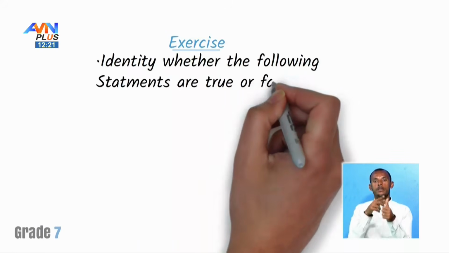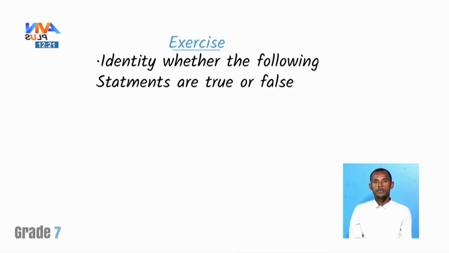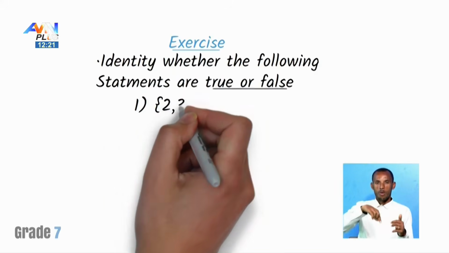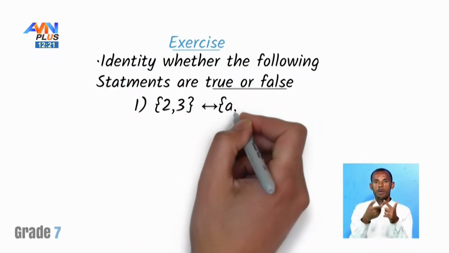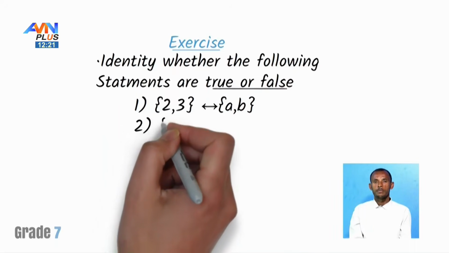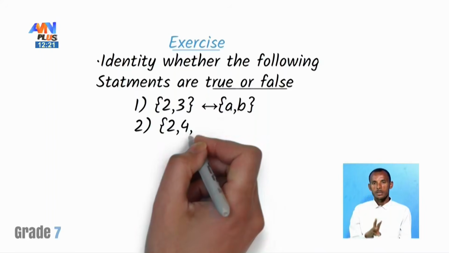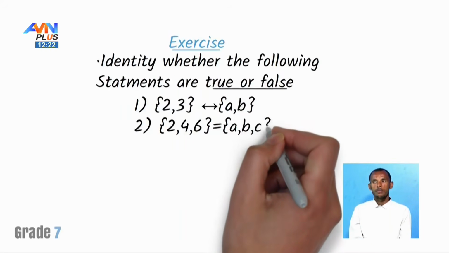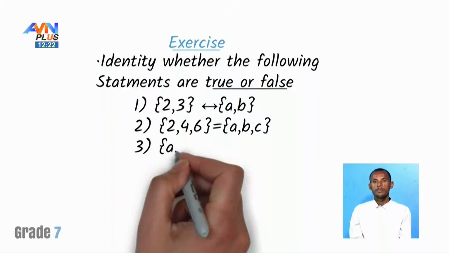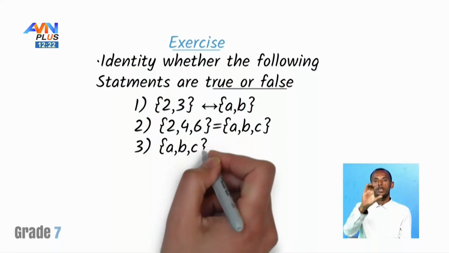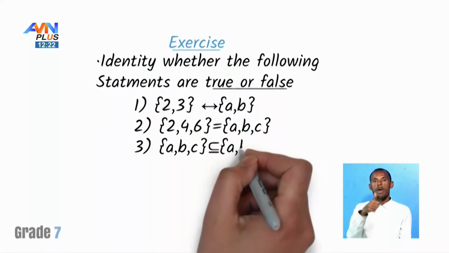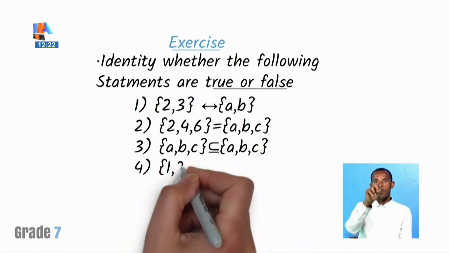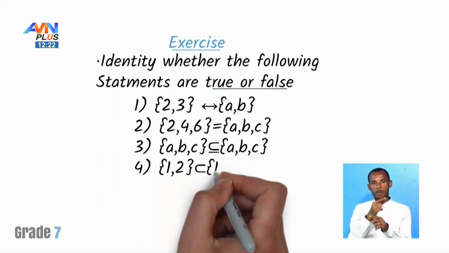Okay, the first question: 2, 3 is equivalent to A, B. Second question: 2, 4, 6 is equal to the set A, B, C. Third: A, B, C is a subset of A, B, C. Fourth: 1, 2 is a proper subset of 1, 2, 3.